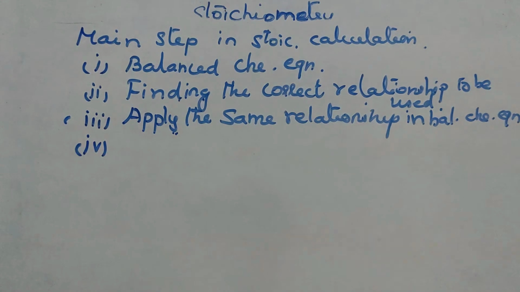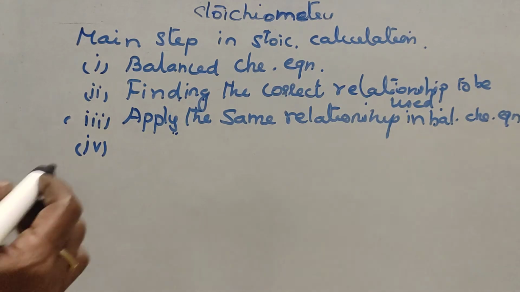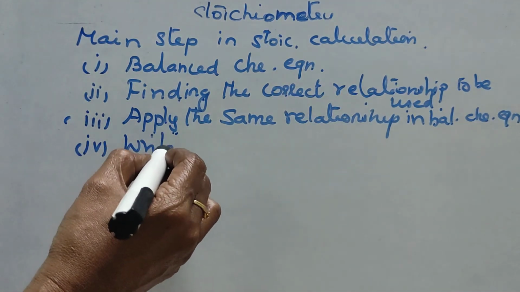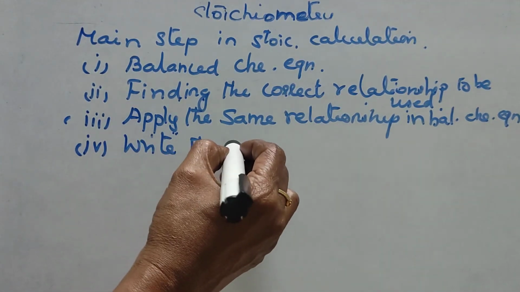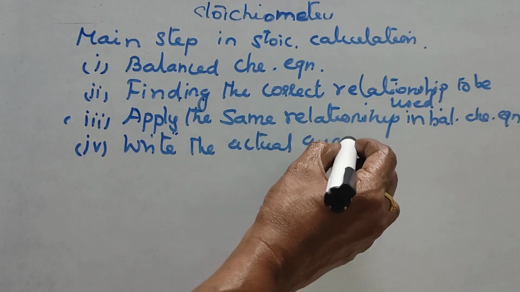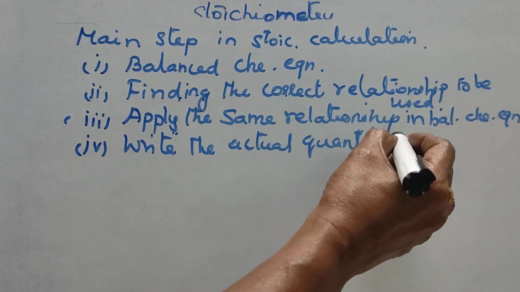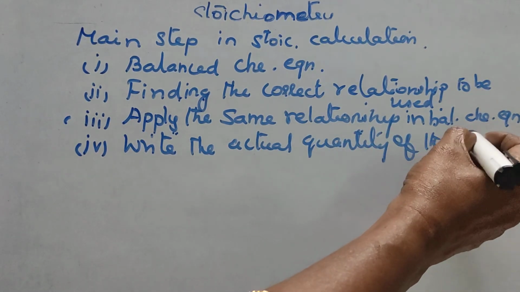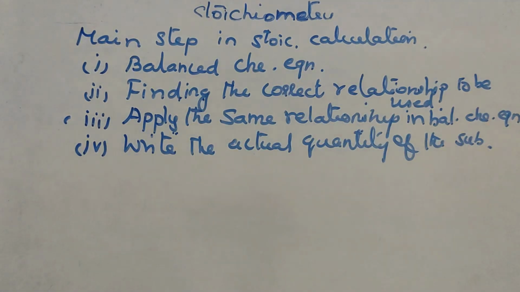Then next step, after applying the same relationship in balanced chemical equation, write the actual quantity of the substances which take part in a chemical reaction.